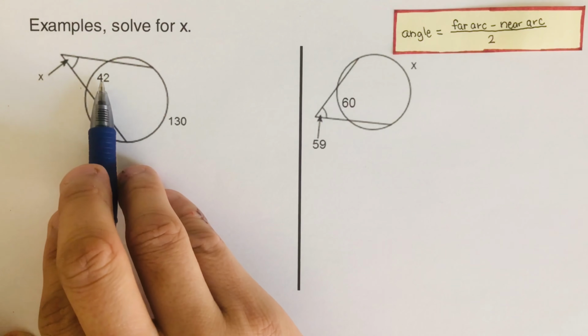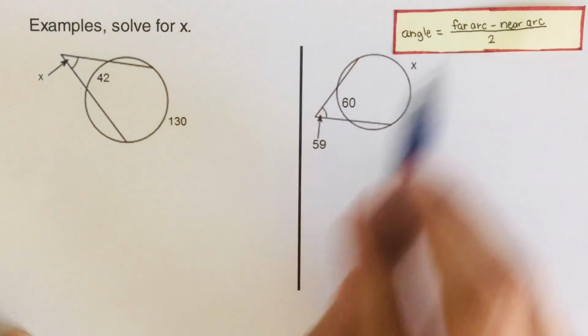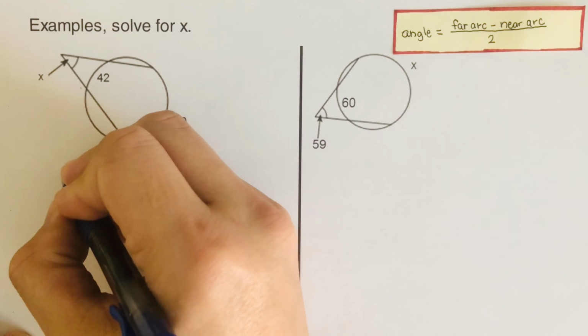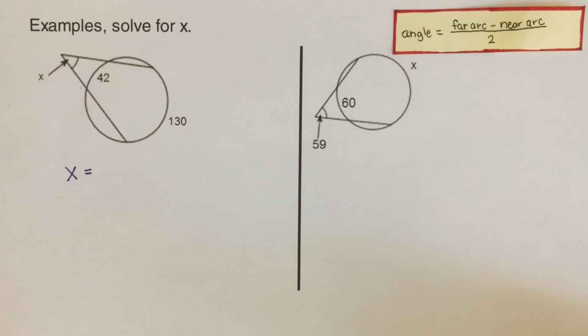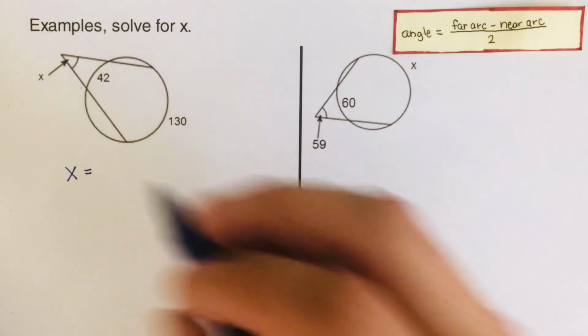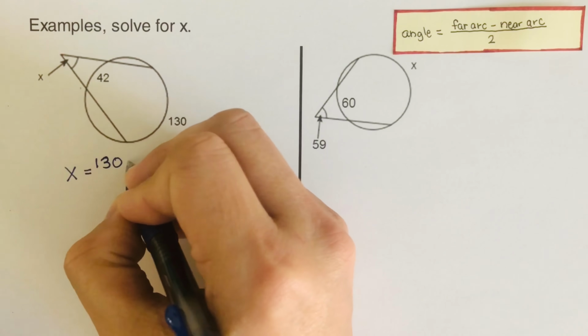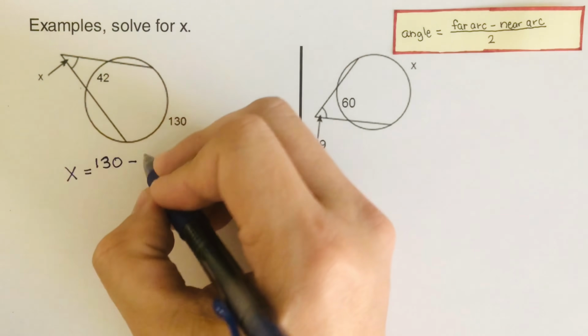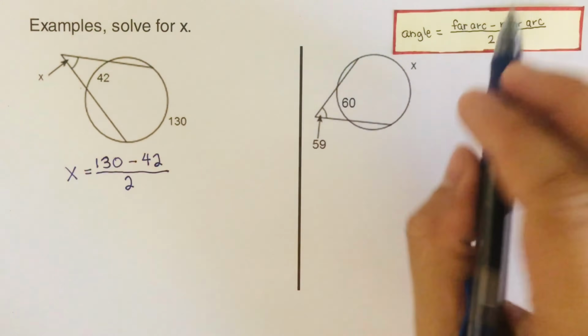This is our near arc and this is our far arc, and we plug this into the equation. So our angle is x, and our far arc is 130. So 130 minus the near arc, 42, divided by 2. That's part of the equation right there.